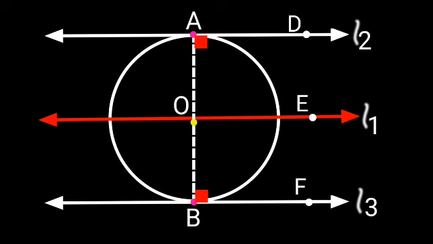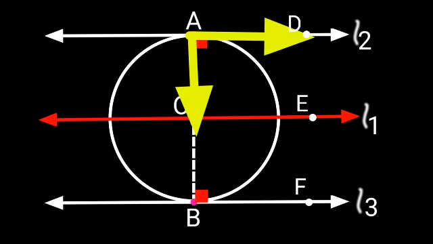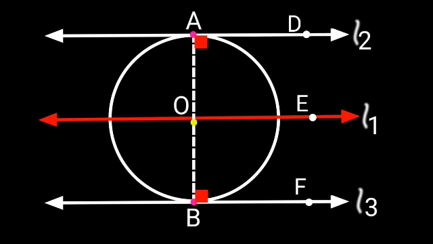In this figure, L1 and L2 are parallel and OA is a radius. Hence, at point A there is a 90-degree angle, and near point O there is also a 90-degree angle. Thus, in the second condition, L1 and L3 are also parallel.